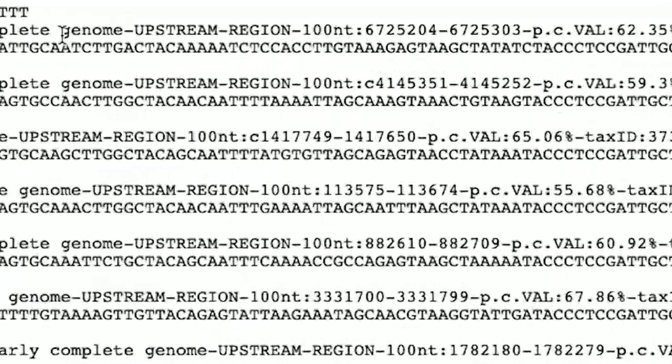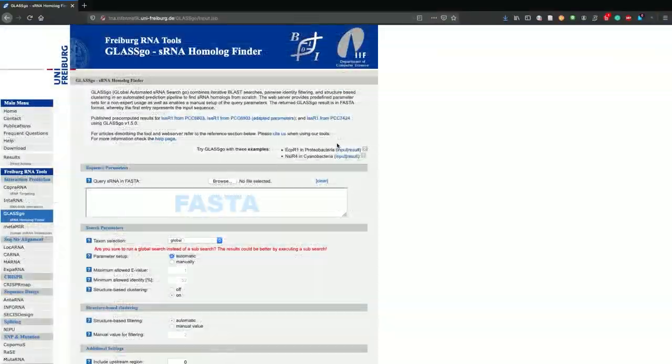And the exact coordinates of the upstream region are given here at genome upstream region. And as a last note, the user interface of GLASSgo within Galaxy follows that of the web server, such that they can be used interchangeably.